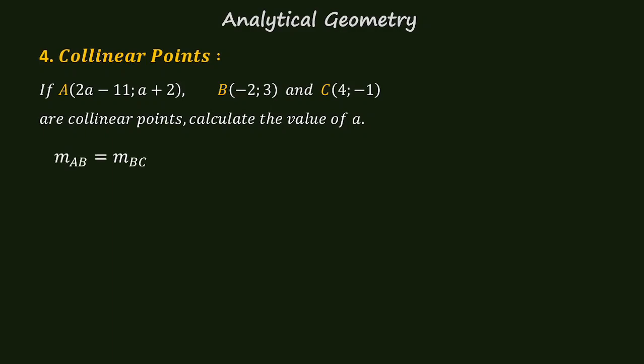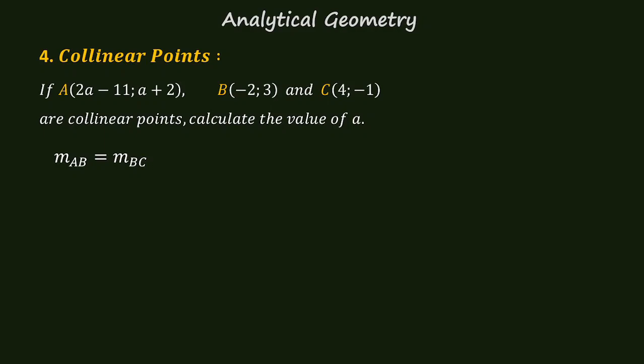In this case, we know that the gradient of AB should be the same as the gradient of BC. I picked BC because I can calculate a numeric value for it. It doesn't involve the variable A, so that's why I picked this. You could as well have chosen AB and AC, and you would still get the same value, because they are collinear points and any 2 points that you pick will give you the same gradient.